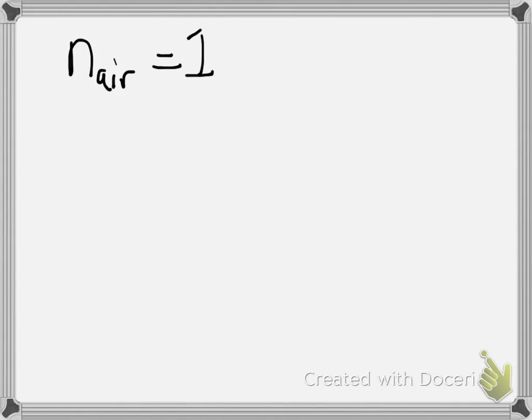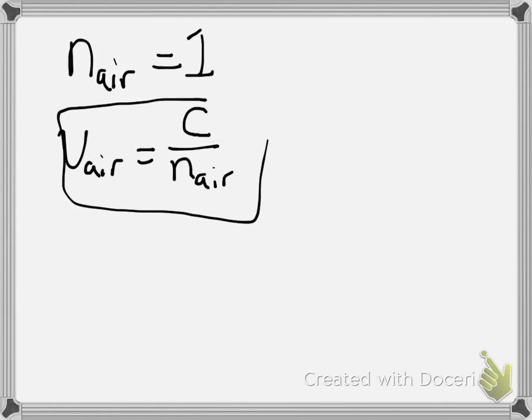And what that means is that the velocity in air is equal to the speed of light c divided by the index of refraction. Okay, so this is a particular statement of the more general equation. For any substance, the velocity can be found by taking the speed of light and dividing it by that substance's index of refraction.